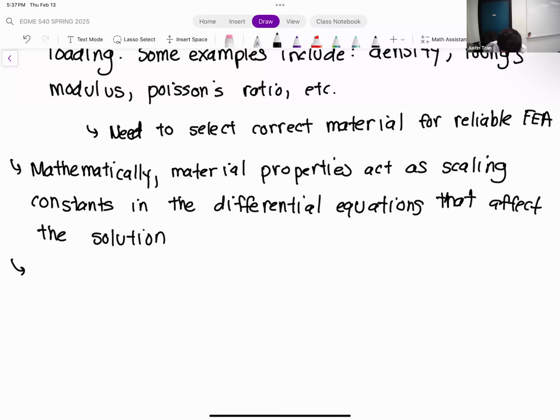Beyond the simple materials out there, there are a lot of different what are called material models.